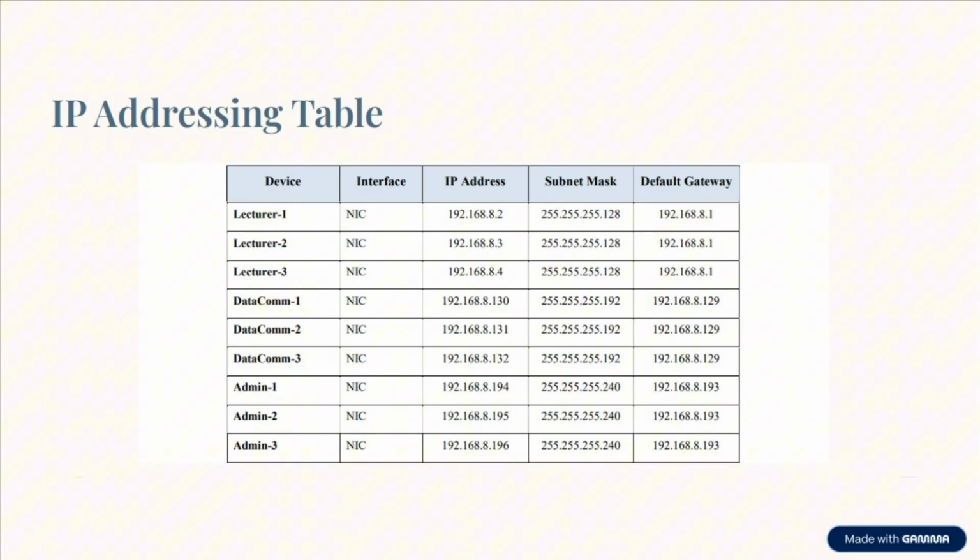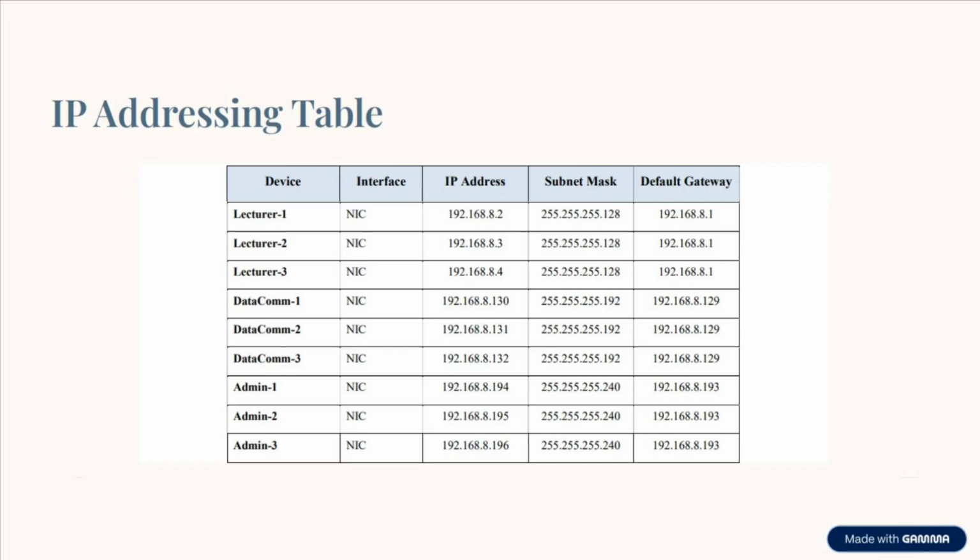For the Datacom PC, the IP addresses range from 192.168.8.130 to 192.168.8.132, which 192.168.8.129 configured as their default gateway. Last, the admin PC use IP addresses from 192.168.8.194 to 192.168.8.196 and 192.168.8.193 is set as their default gateway.